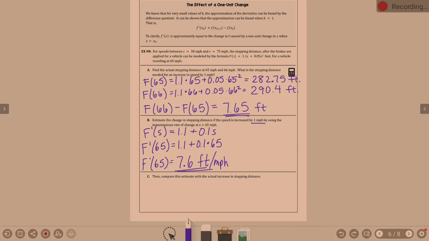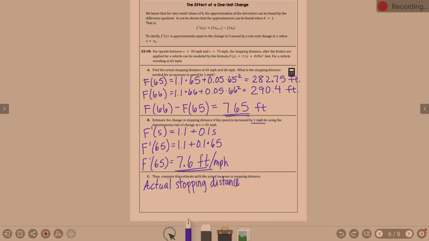Okay. So I'm going to say the actual stopping distance is very close to the estimate, because it is very, 500ths, that's not much in terms of looking at distance.